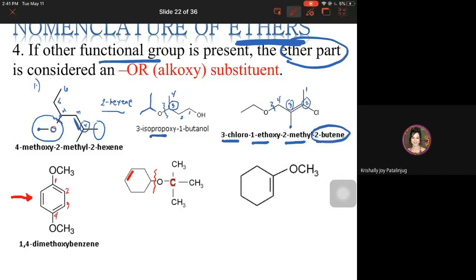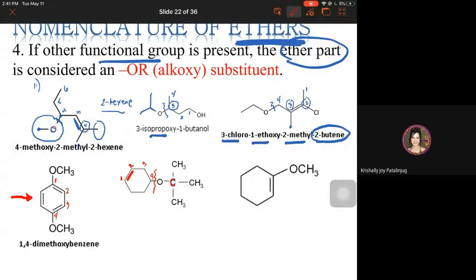This is carbon 1, 2, 3, 4. Ma'am, why is that carbon 1? What is the rule in naming cycloalkenes? If there is only one double bond in the cycloalkene, it is always between carbon 1 and carbon 2.